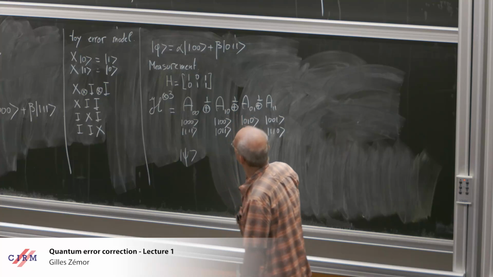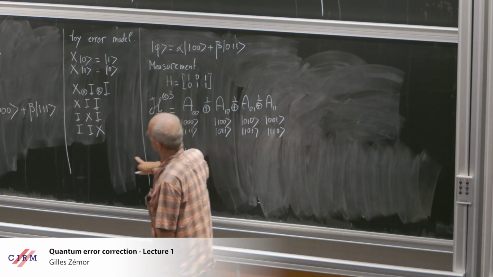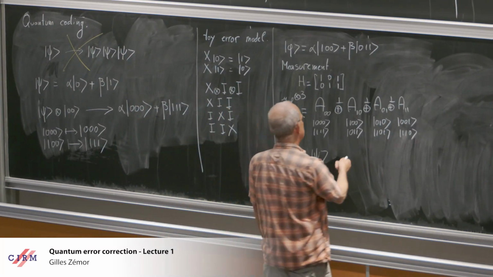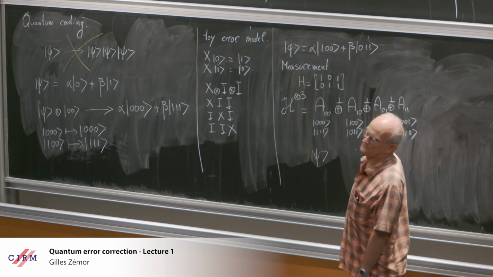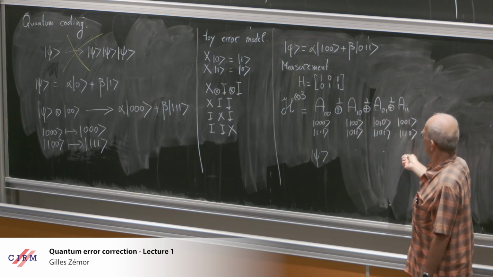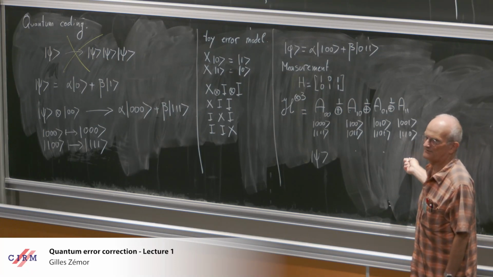And if there's an X error on the first qubit, well, we will change the first coordinate here. We will fall into this state. If there's an X error on the second qubit, we fall into this state. If there's an X error on the third qubit, we fall into this last space.